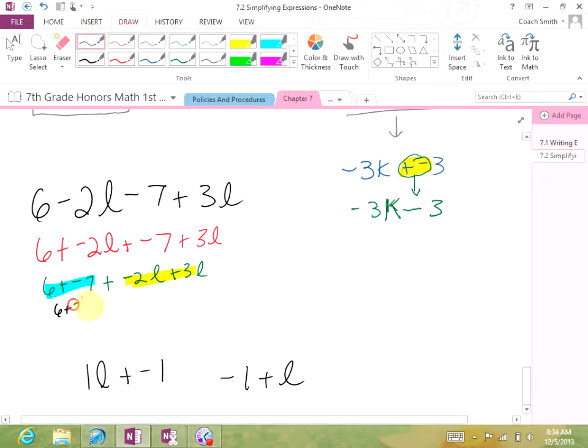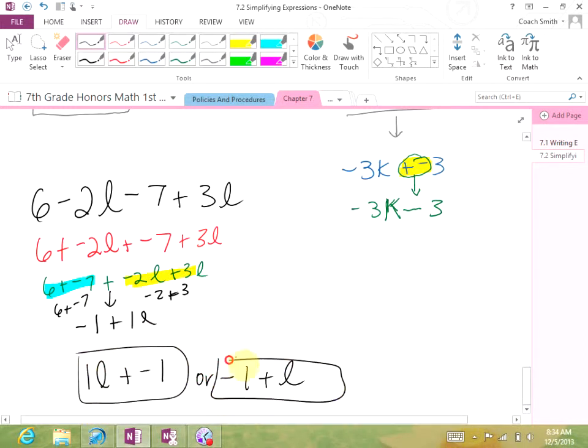6 plus negative 7, which is negative 1. Bring down my plus sign. I have negative 2 plus a positive 3, which is a positive 1. Bring down my L. Okay, and then you have either one of those.